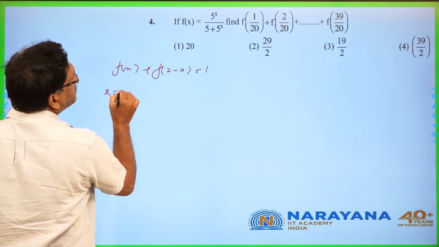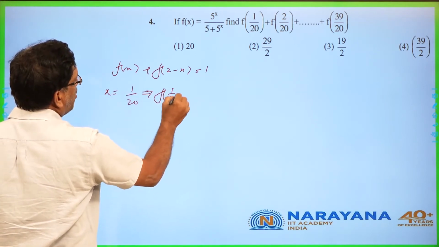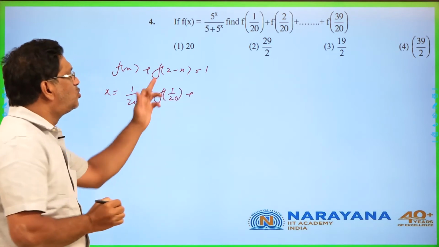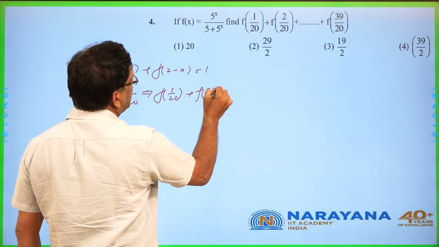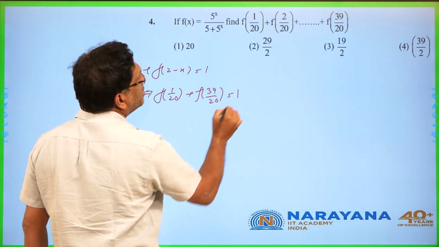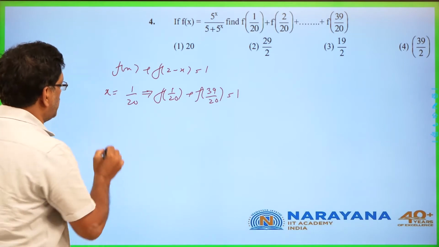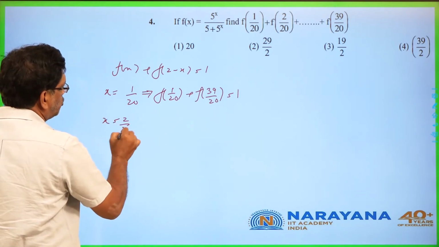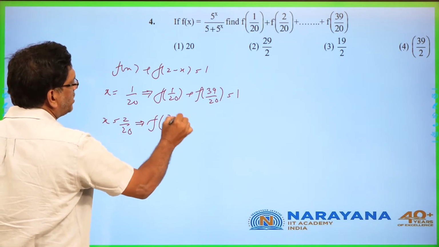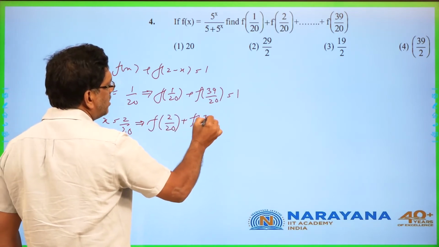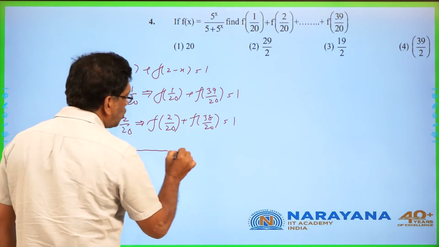Now put x equal to 1 by 20, that is f of 1 by 20 plus f of, 2 minus, that is 40, f of 39 by 20 equals 1. You mean the sum of first and last is 1. Put x equal to 2 by 20, then it is f of 2 by 20 plus f of 38 by 20 equals 1. So on.